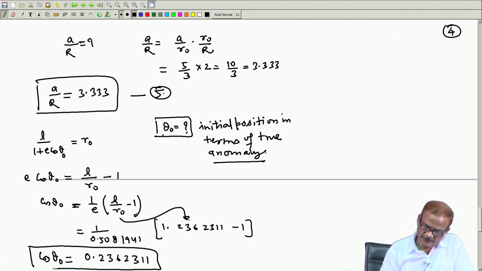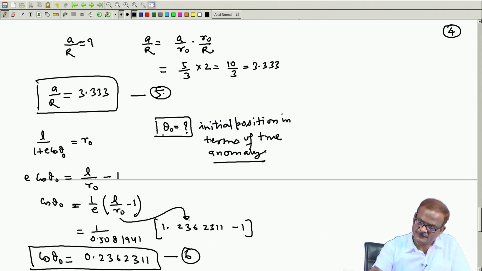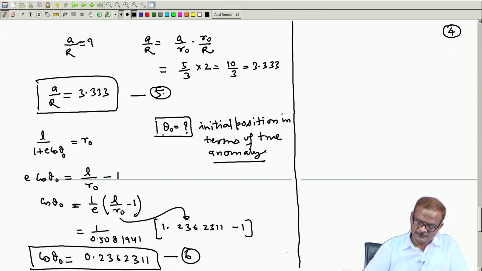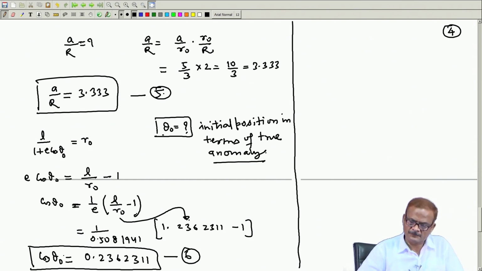As I mentioned earlier also, this alone is not sufficient to determine the value of theta 0. So, we also require sin theta 0, so that we can resolve the problem.